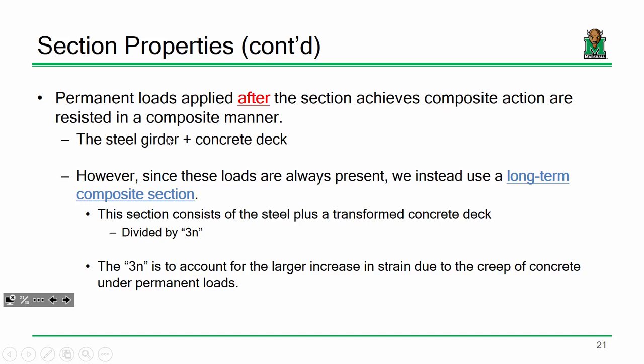So when we look at these permanent loads that are applied after the deck is cured, because they're there all the time and they never go away, they're applied on the long-term composite section. In the long-term composite section, we take that effective flange width, we don't divide it by n, we divide it by 3n. So we're dealing with a smaller deck. We do that because over time we have creep in the concrete and those effects that tend to weaken it.